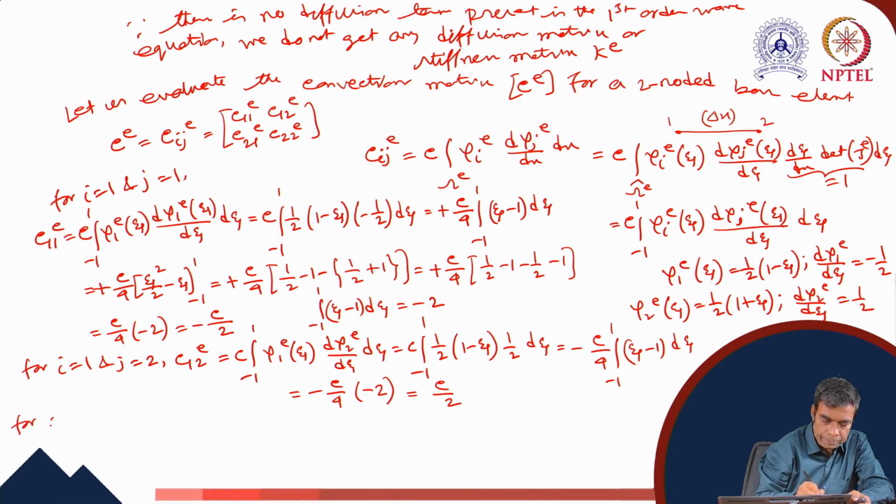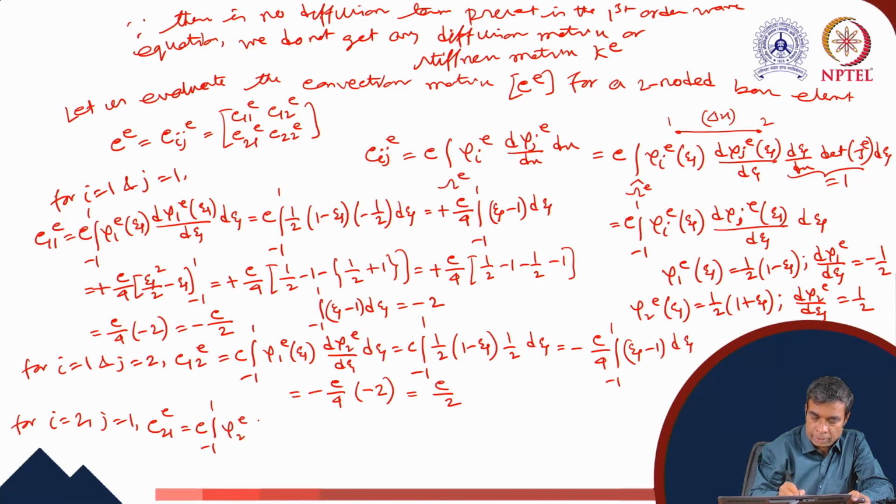For i equals 2, j equals 1, we get C21E equals C times the integration from minus 1 to 1 of psi 2E of xi d psi 1E d xi d xi.